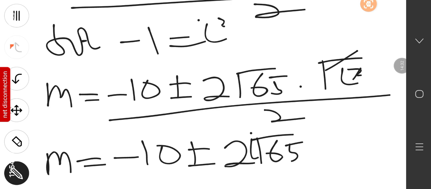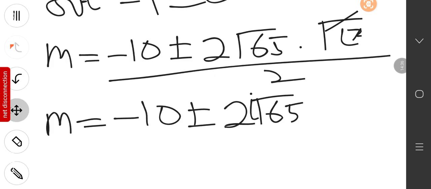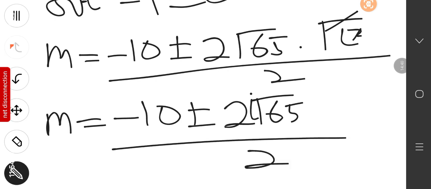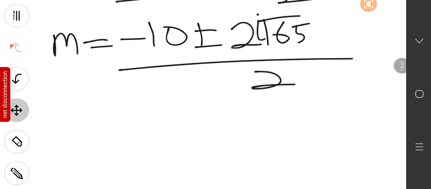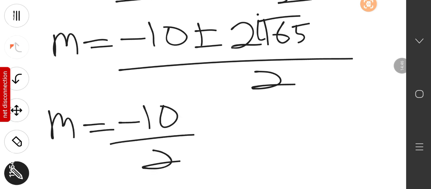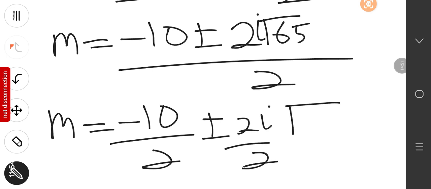All right, so let's bring the i here, so the i can be in front of the square root or it can be behind it, all over 2. All right, now our equation becomes m equals minus 10 over 2 plus or minus 2i over 2, and here we have root 65.